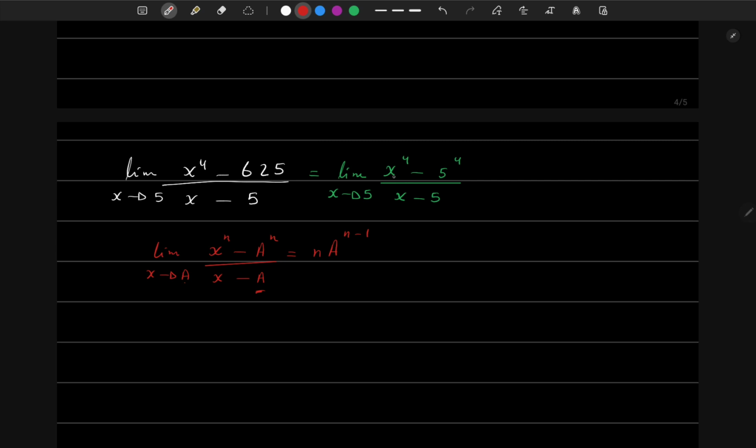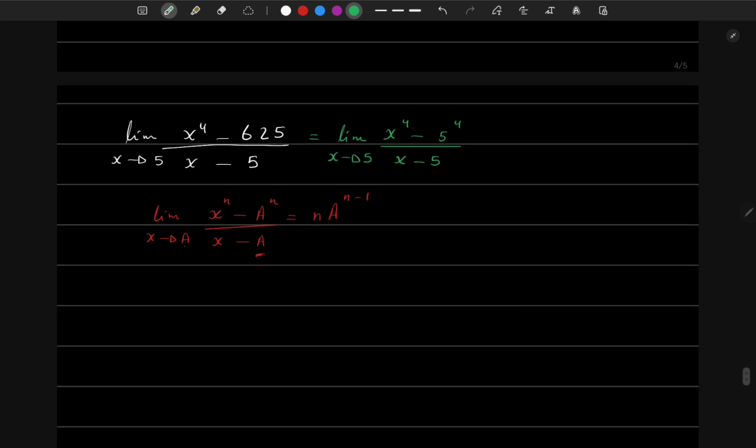I have x and 5 both raised to the same power, which is 4, divided by x minus 5, and x approaches 5. And so by applying this rule, I will find out that this equals n, which is 4, multiplied by a, which is 5, to the power of n minus 1, which is 4 minus 1. So it equals 4 multiplied by 5 to the power of 3.